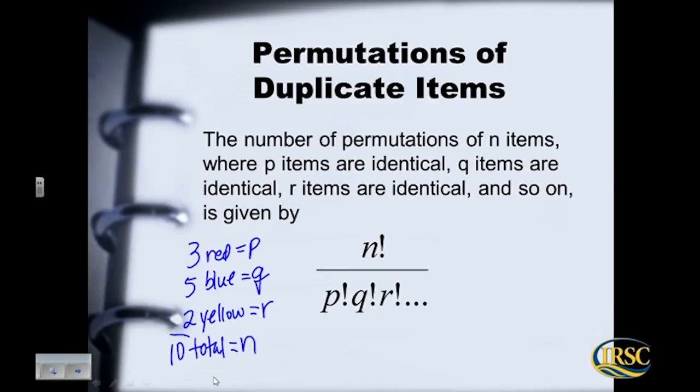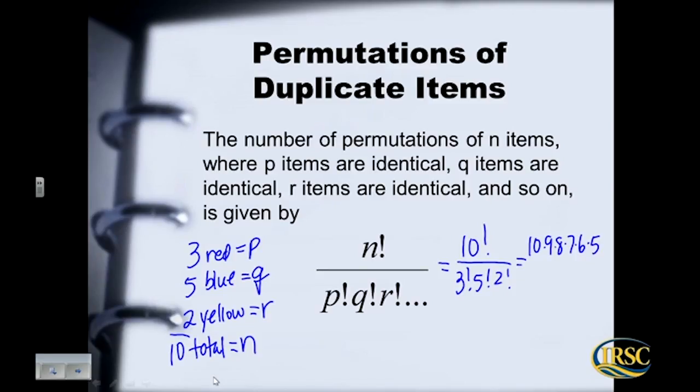Now, you don't always have this many numbers in the denominator. It all depends on your problem. How many groups of items do you have that are identical? So you would have 10 factorial over 3 factorial, 5 factorial, 2 factorial. Now, if we expand this out, you have 10, 9, 8, 7, 6.